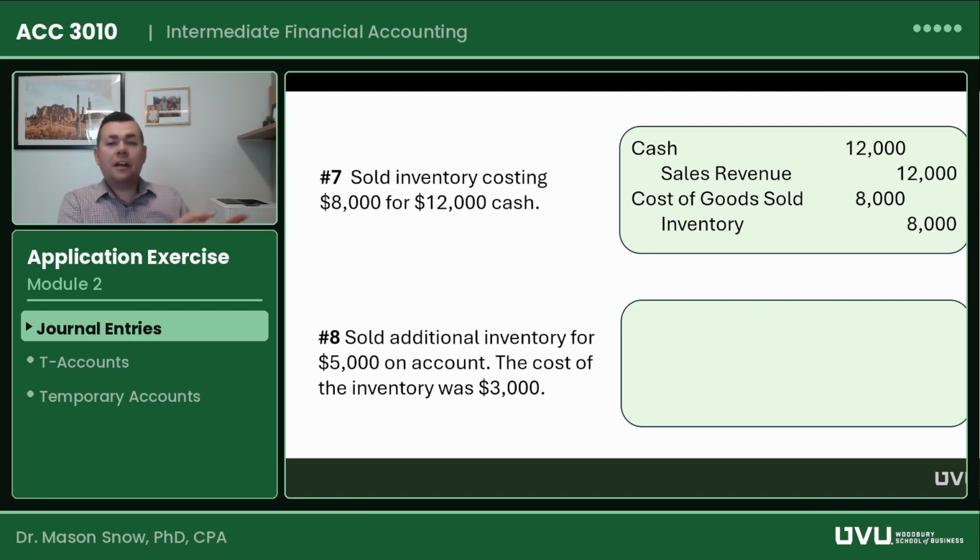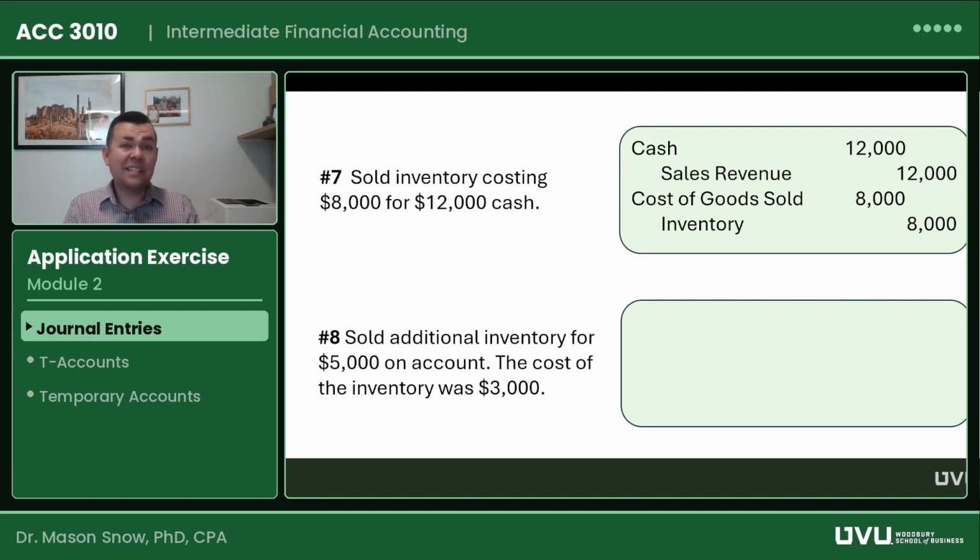And it's natural enough to remember, okay, we're going to credit an asset as it leaves our company. We do it at its original cost of $8,000. And this is the one students tend to forget. The expense of losing that asset to generate this sale, we call that cost of goods sold. So do try to remember, we're breaking this journal entry into 2 parts. Recognize the sale and write the inventory off your books.